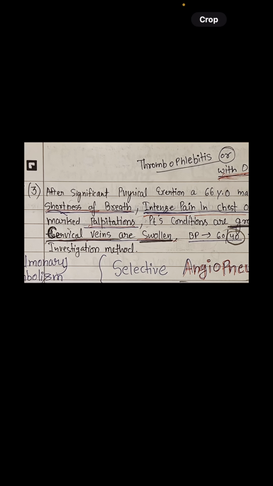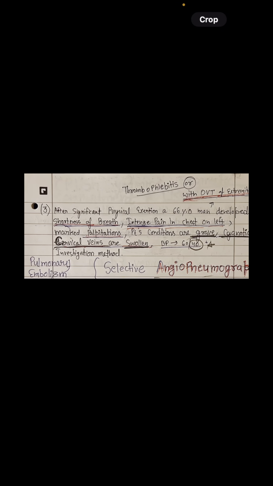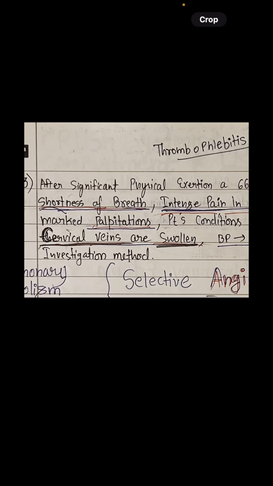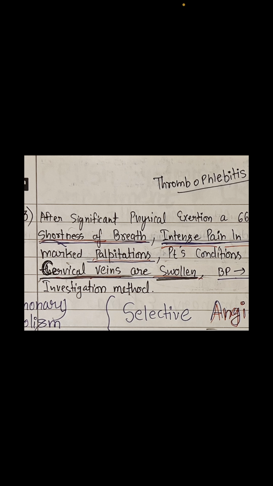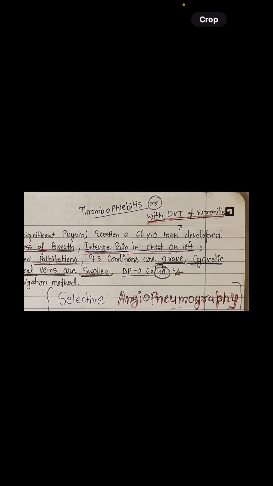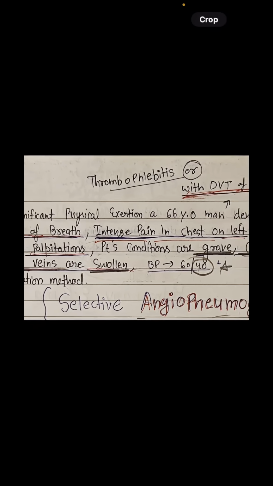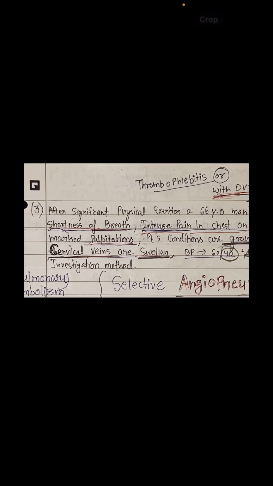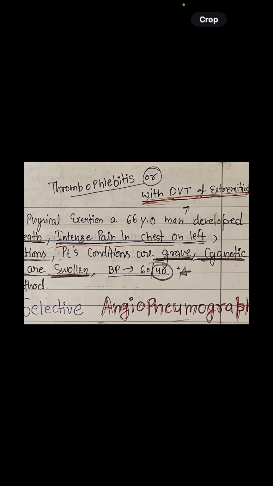After significant physical exertion, a 66-year-old man with DVT of the extremities, or we can say thrombophlebitis, complained of shortness of breath and intense pain, which we talked about in the definition part. Intense, sharp stabbing pain is a character of pulmonary embolism. Marked palpitations.